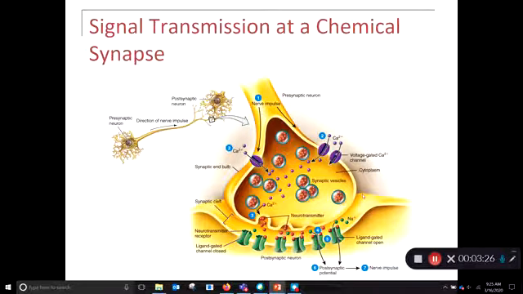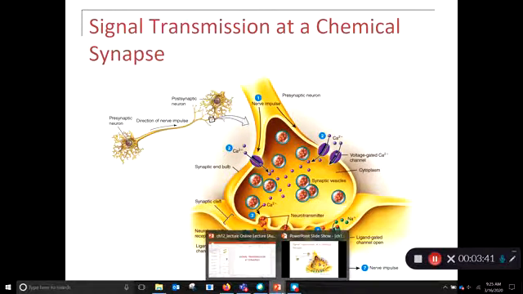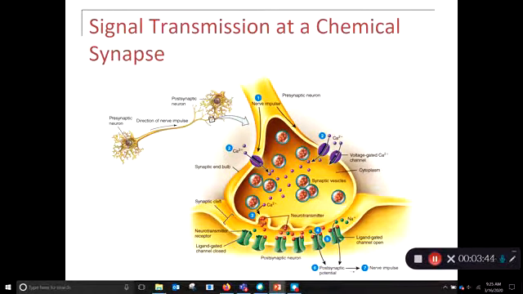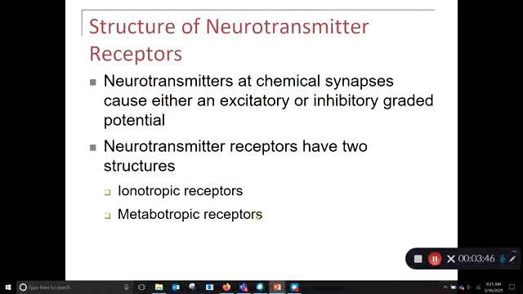That's where your astrocytes and your microglial cells kick in and grab those up. Also, if you want to recycle them, they can be pulled back up into the axon terminal, or they can just be destroyed on the outside. Either way, it creates the type of impulse that it may or may not want.